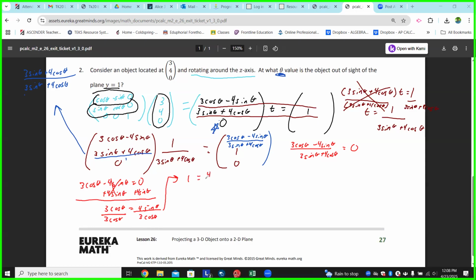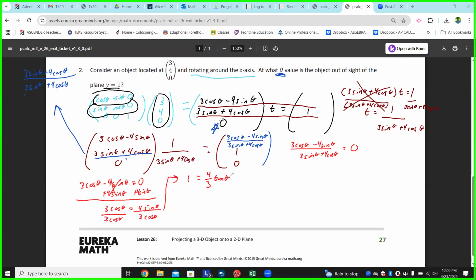And then I get 4 divided by 3. We talked about this more in module 1, a little bit at the beginning of this module. But what do we know sine theta divided by cosine theta is equal to? Tangent. So I'm going to rewrite it. This is now 4/3 times tangent.